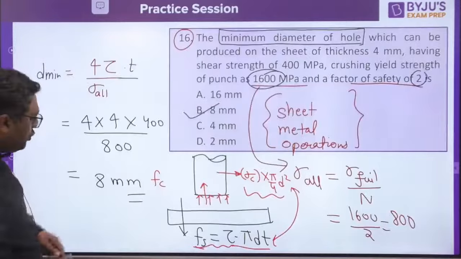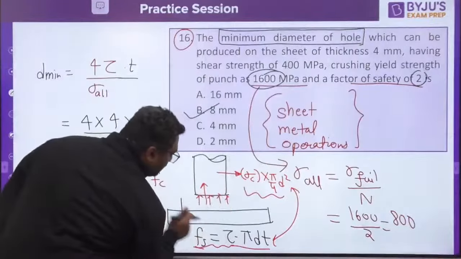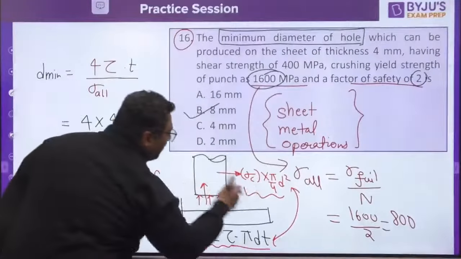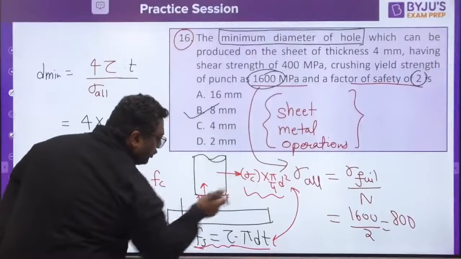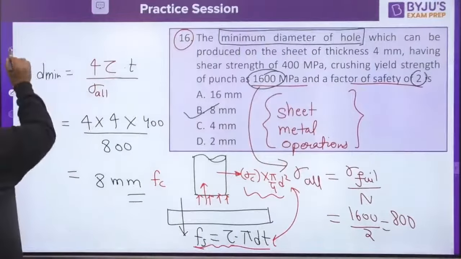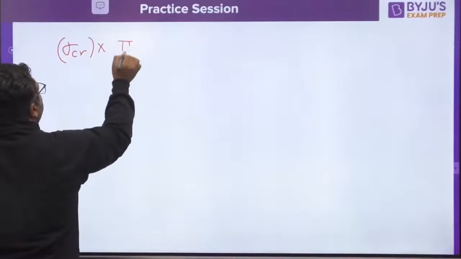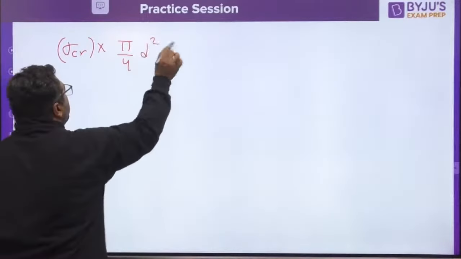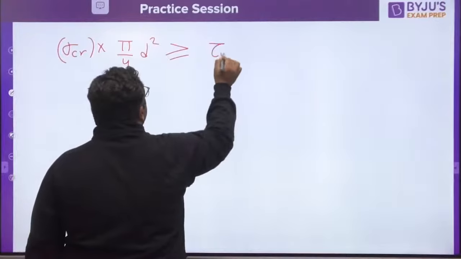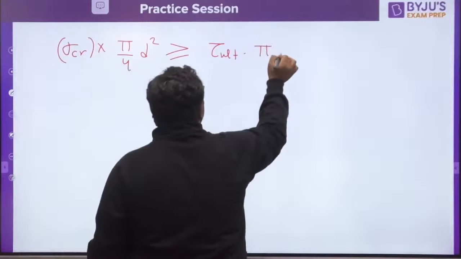Why? Because you know strength should be more than the stress. So the resistance force should be more than the bursting force. When you write sigma CR into pi by 4 d square, that should be more than or equal to tau ultimate into pi dt.